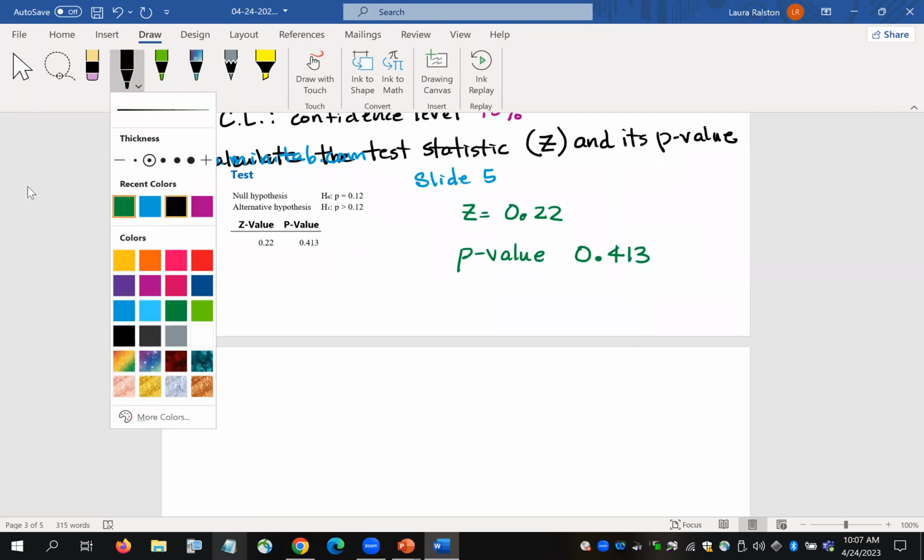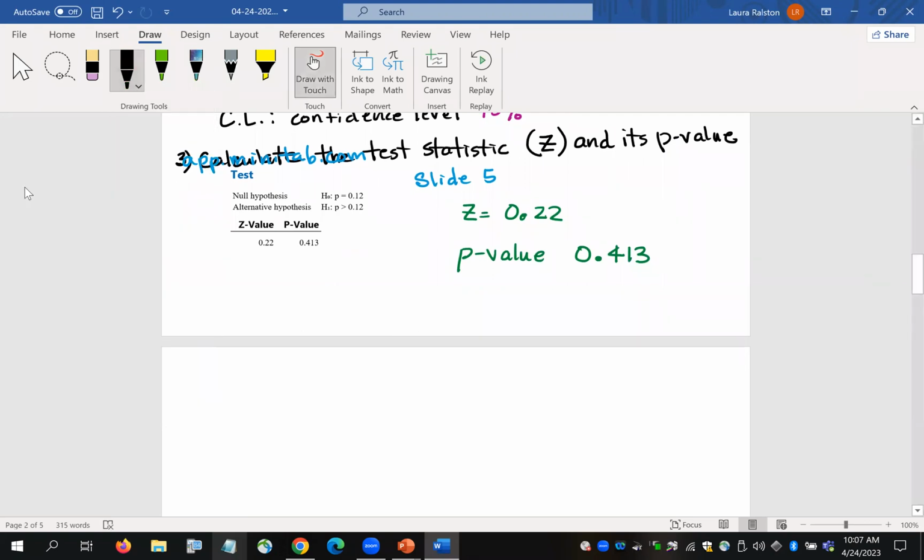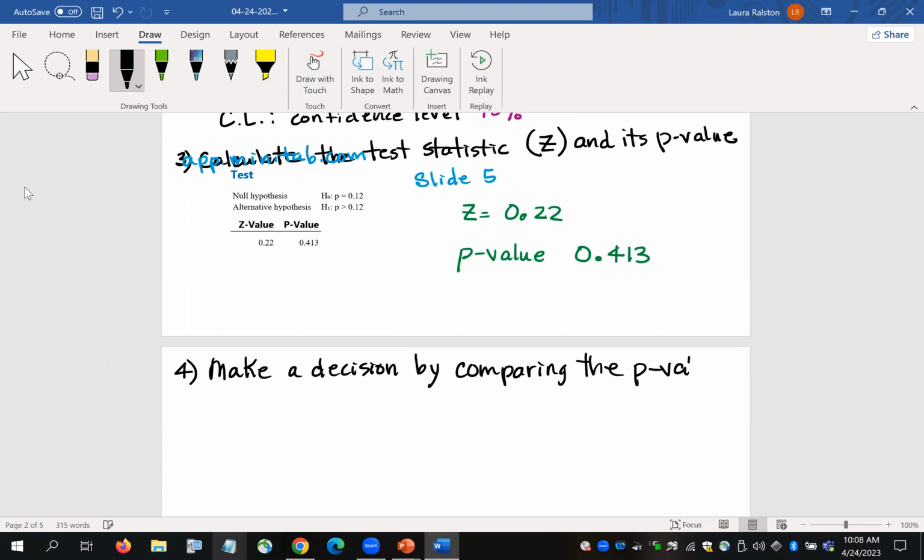Then step 4, as always, is to make a decision, again, by comparing the p-value and alpha.